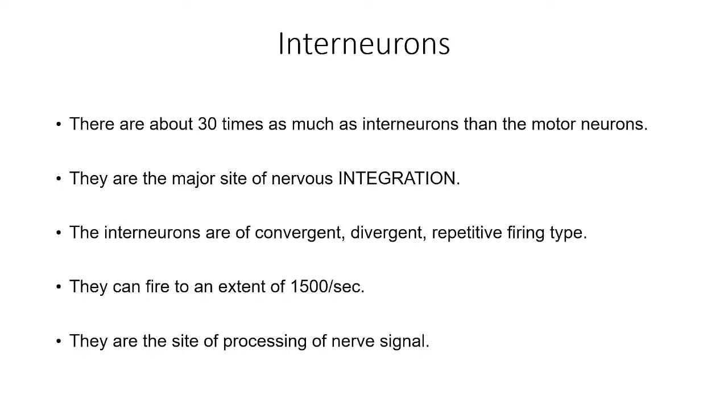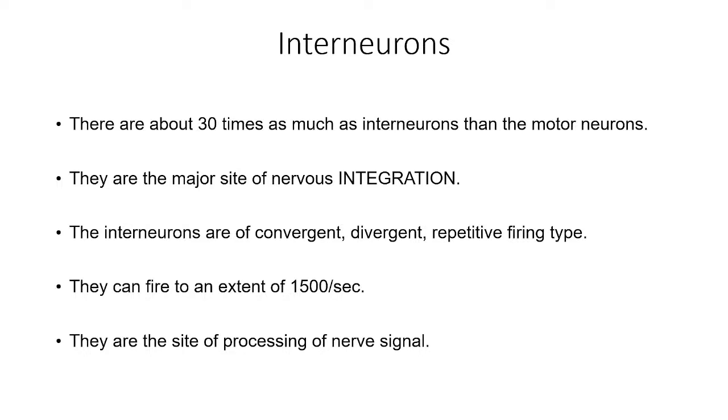That allows the processing of various inputs coming to the brain. Ultimately, whatever we learn or understand depends on the development of synaptic connections. The greater the synaptic connections, the greater will be the learning, the greater will be the memory quotient. The ability to recall again depends on the activation of the synapse which was formed while learning.